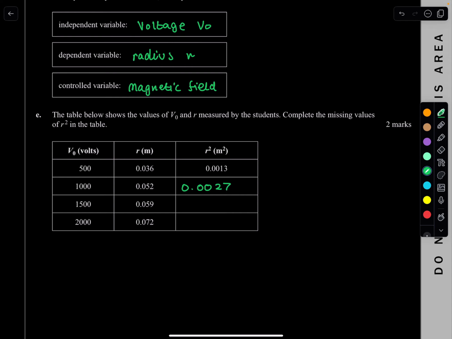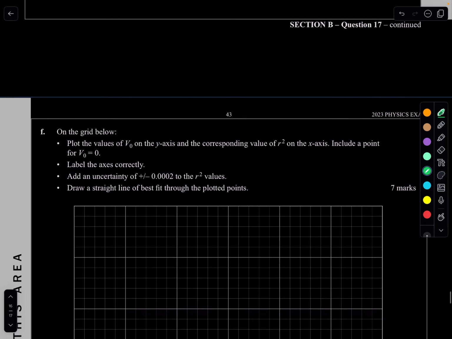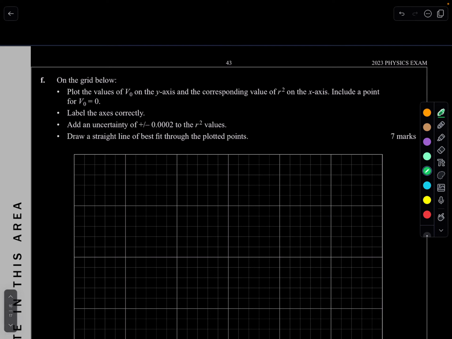The next one, 0.059 squared is basically 0.0035. Next one is 0.072 squared. Now it's going to give me 0.0052. Done. Beautiful.